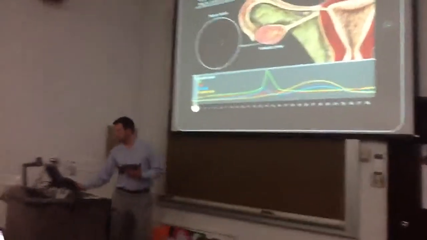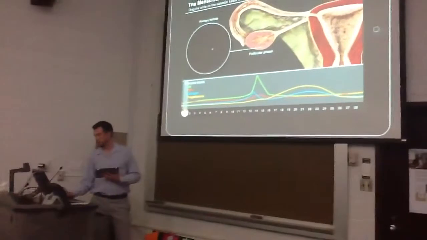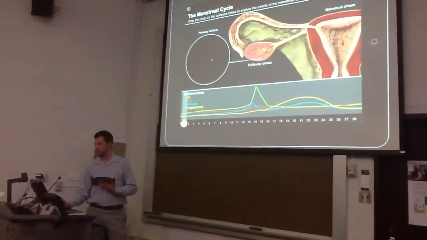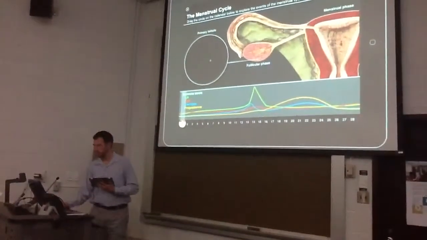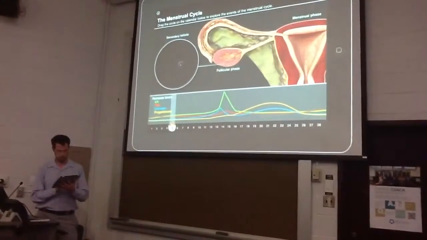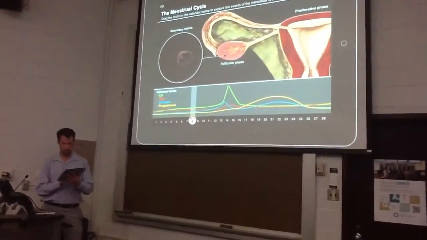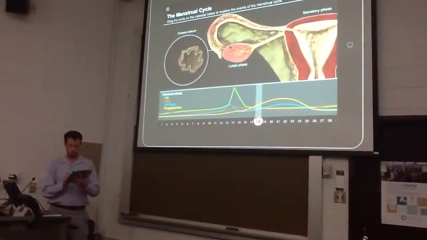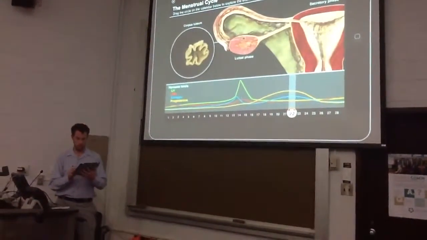It shows the thickness of the lining of the uterus, the development of the mature egg when it ruptures, ovulates, and is released down there. Also shows hormone levels, and it makes these changes in the image to show how these changes actually occur inside the female body from menstruation.